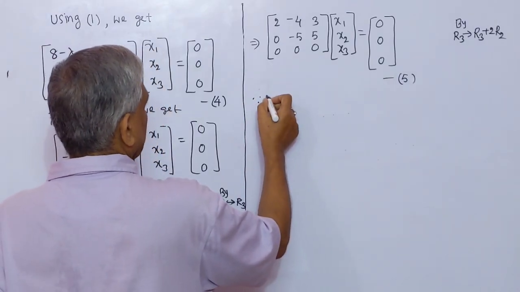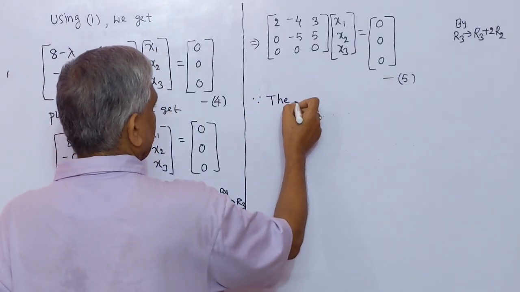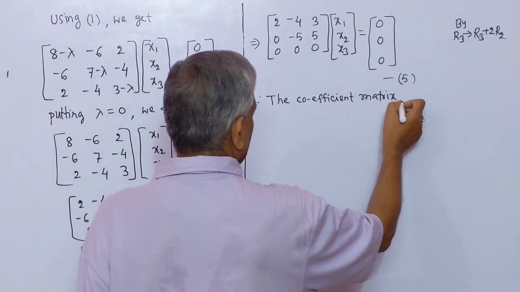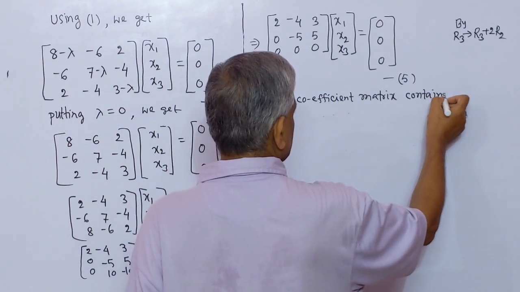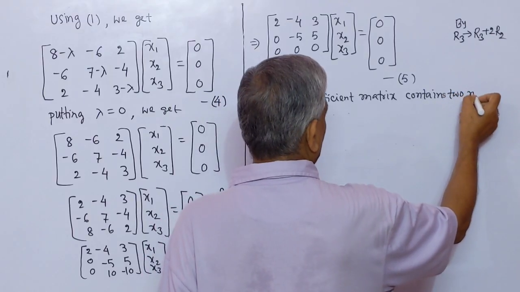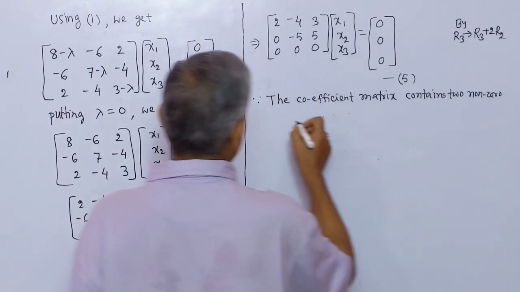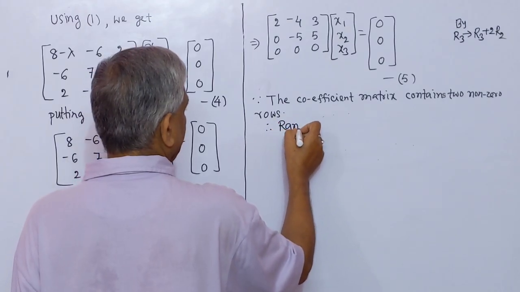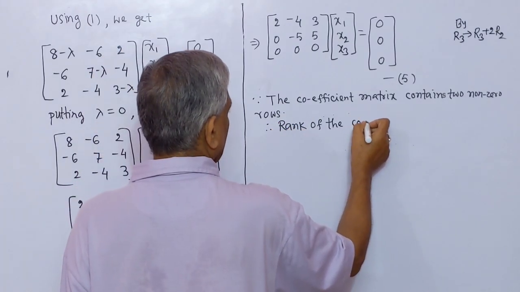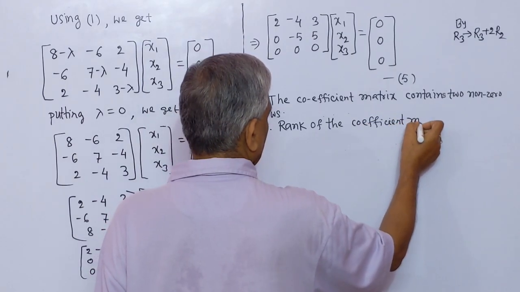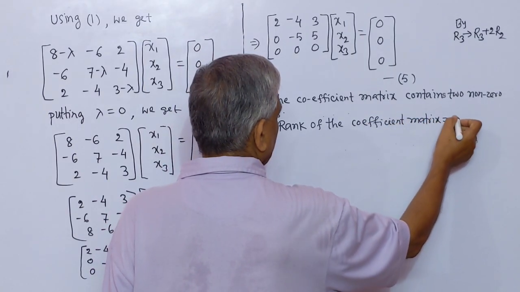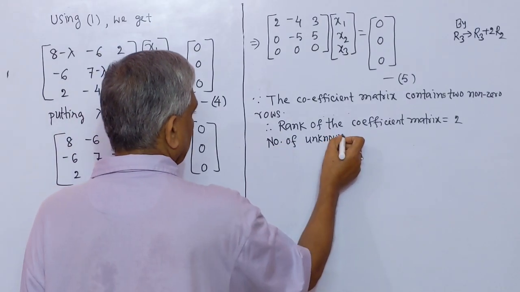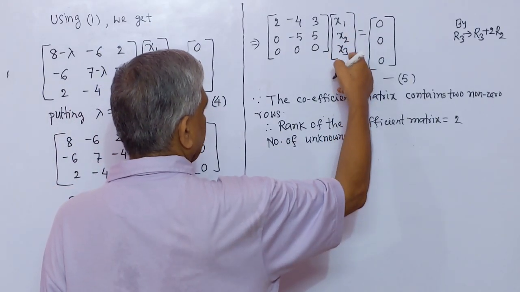Since the coefficient matrix contains 2 non-zero rows, therefore rank of the coefficient matrix equal to 2. Number of unknowns, here x1, x2, x3, is 3.